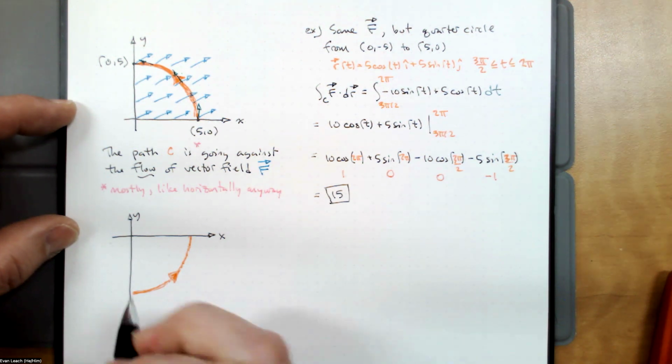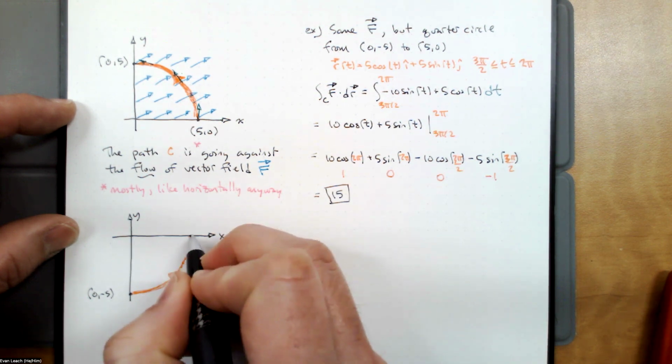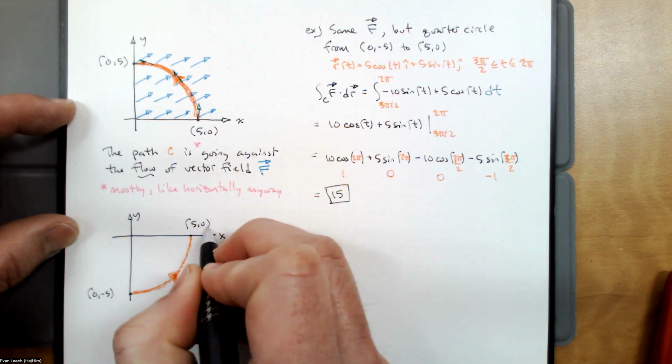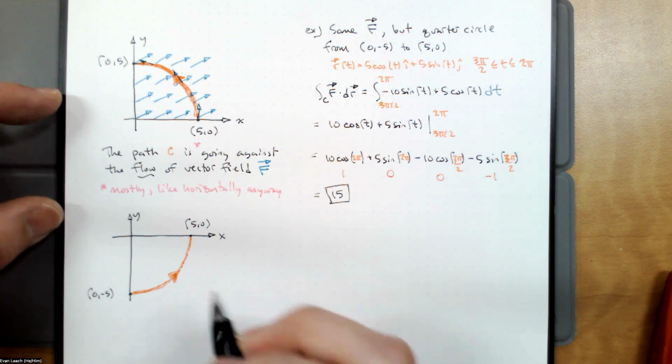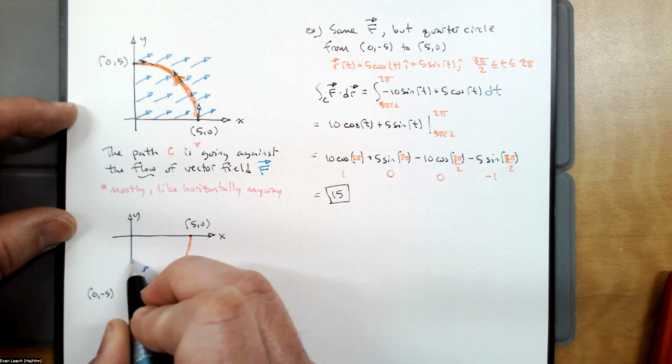Here's the path going from 0, negative 5, to 5, 0. Our vector field is still a bunch of 2, 1s.